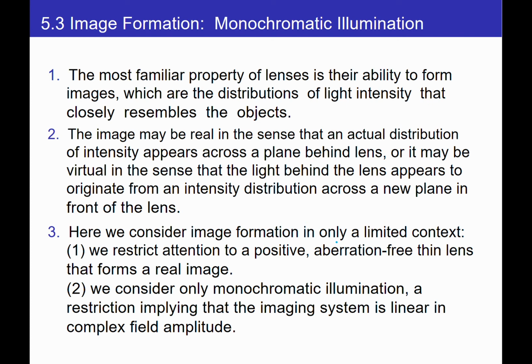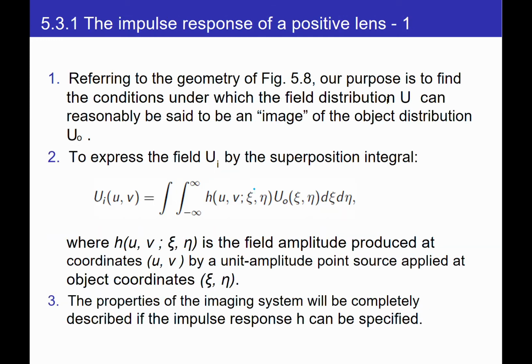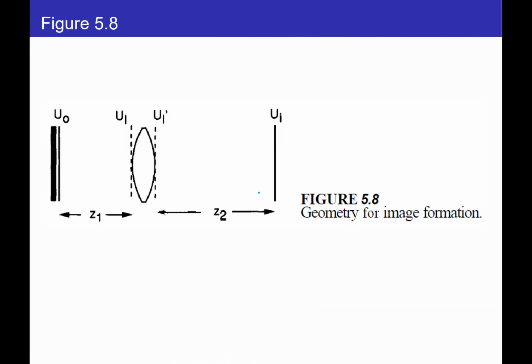Now we are going to talk about image formation with monochromatic illumination, and the impulse response of a positive lens. We are going to discuss this transmittance, which passes through here, and then through the lens, and is eventually transmitted to here, so that this is the object and image.